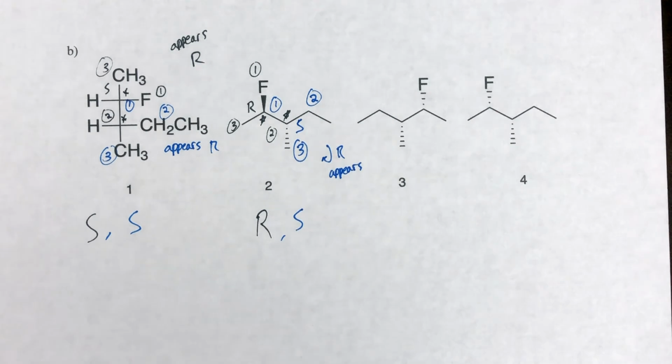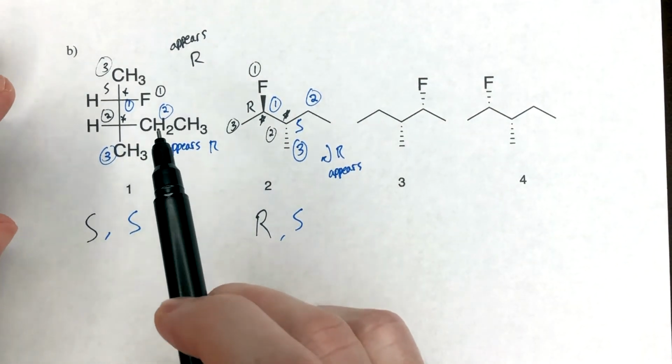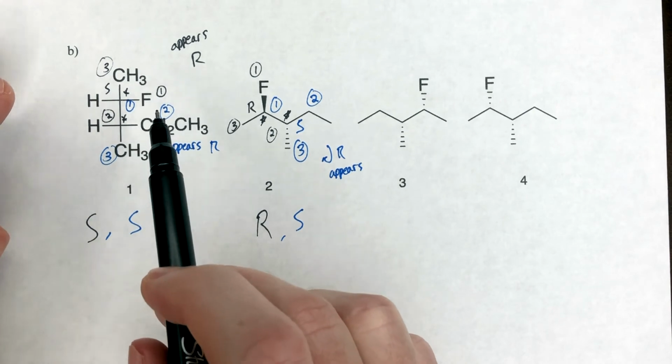Right? Now we have to be super careful at the next one because they've shown the structure in a slightly different representation than we have seen it. So we had the fluorine, the carbon fluorine group at the top here.